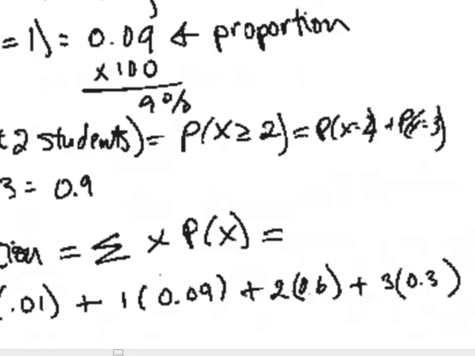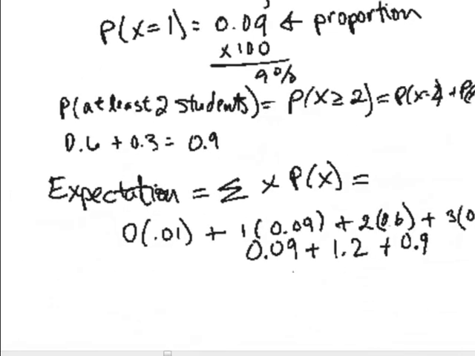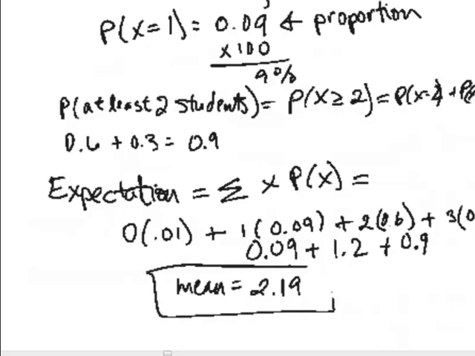So that's 0, that's going to give me 0.09 plus 1.2 plus 0.9. So that would give me a total of 2.19. Right? And that would be the mean, or the expectation. In this case, the mean number of students that came in my office any given hour.